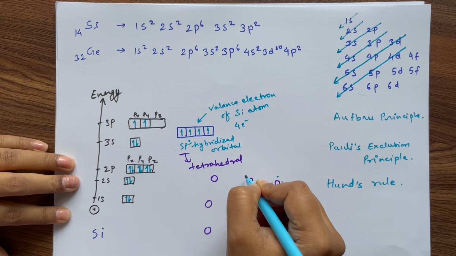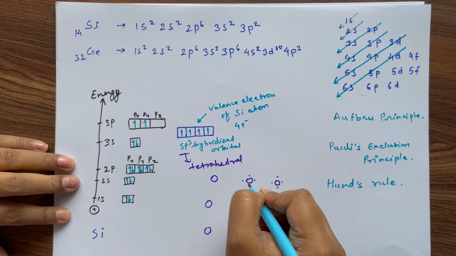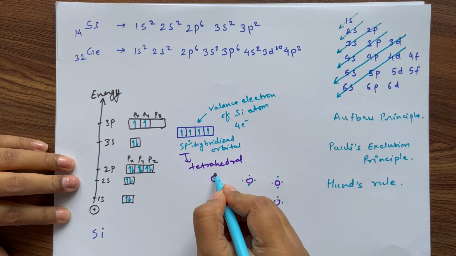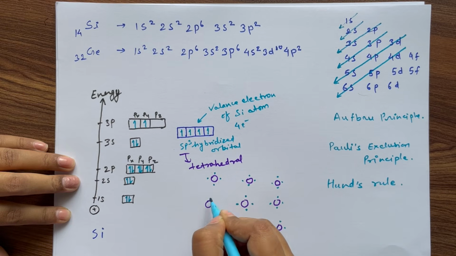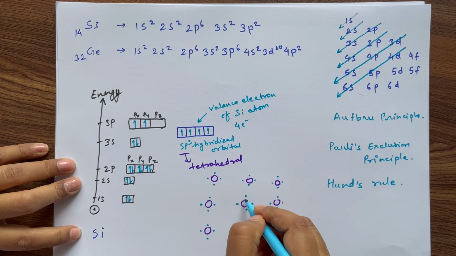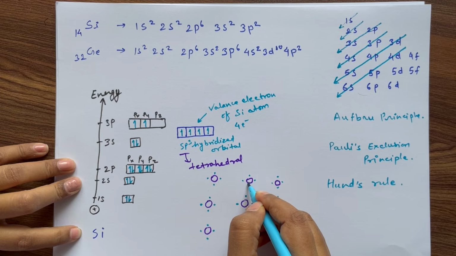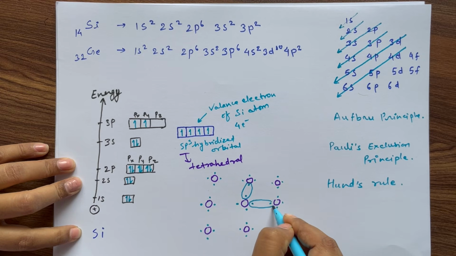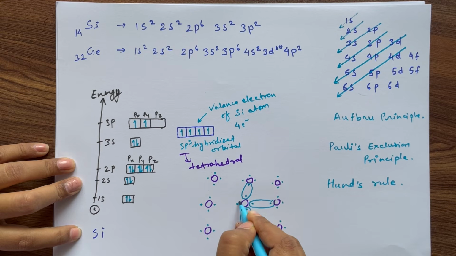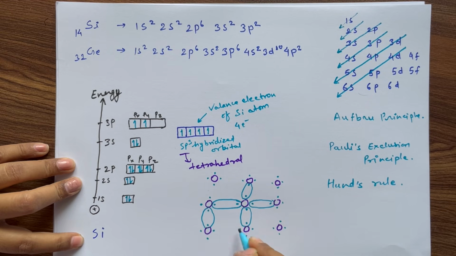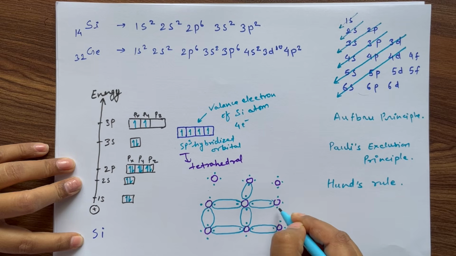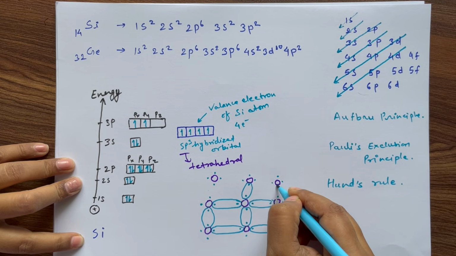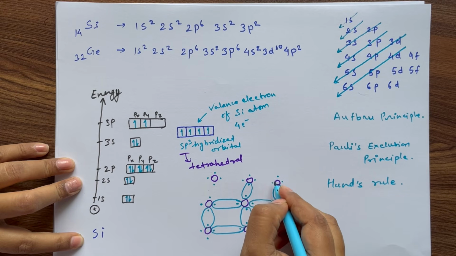This is only 2D representation. In actual, it has tetrahedral shape and it has diamond lattice. So this one silicon atom will have 4 valence electrons and it will be shared with other 4 silicon atoms. This bond is created by the sharing of electrons.